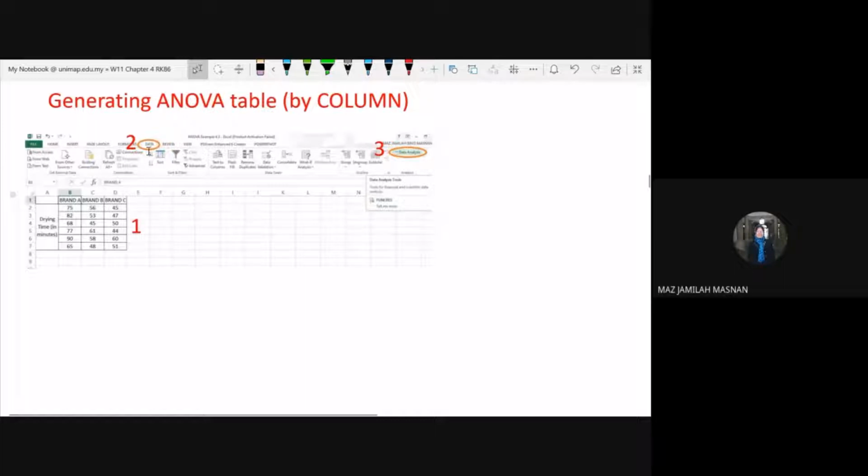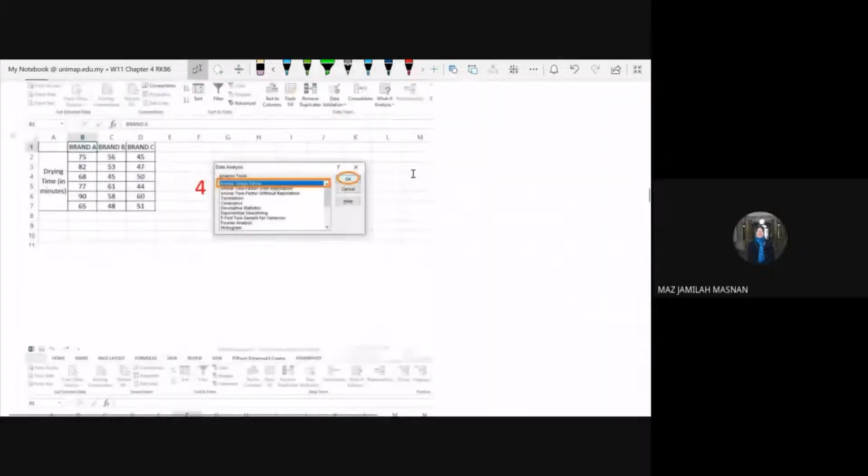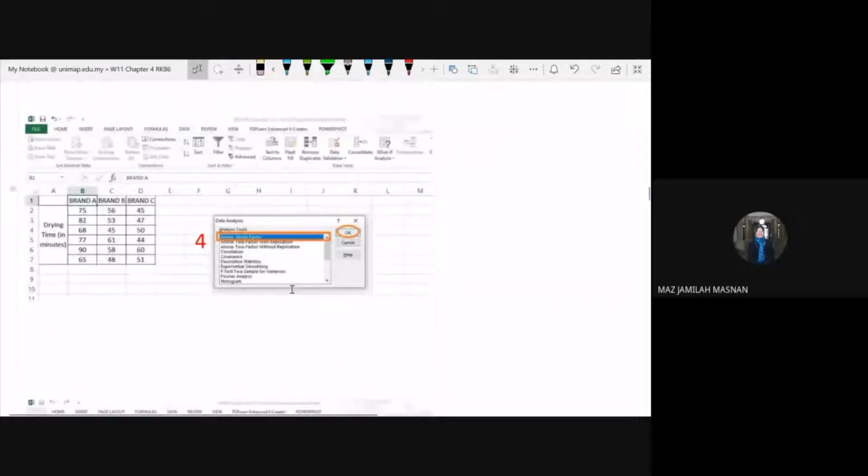Then go to Data, and in your Data tab, there will be Data Analysis. So click Data Analysis, and this pop-up will come up. In the Data Analysis pop-up, you are going to select the option ANOVA: Single Factor. Why single factor? Because we have one factor, which is paint brand.